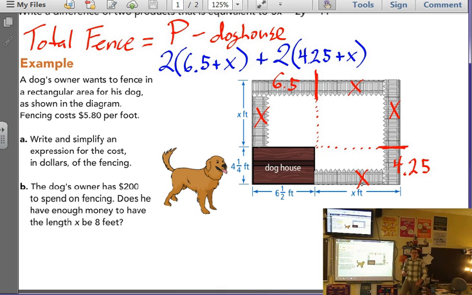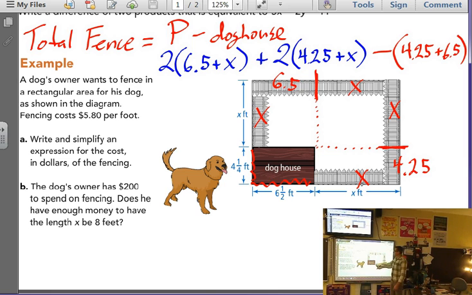Julian, why do I have too much involved? Because you counted the doghouse. I got to get rid of the doghouse, so I got to get rid of this length and this length, so I need to take away the 4.25 plus the 6.5, because I'm taking away those both.